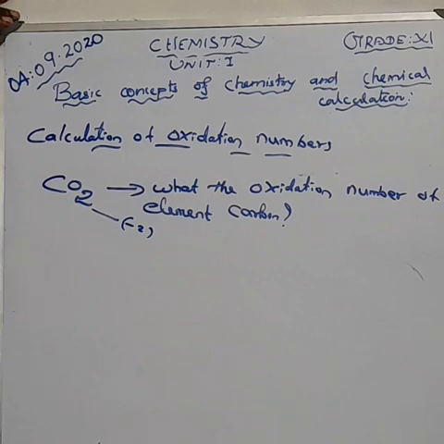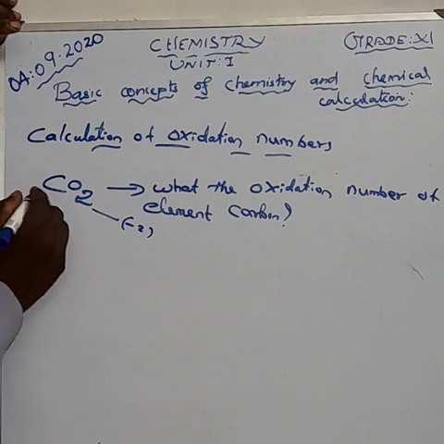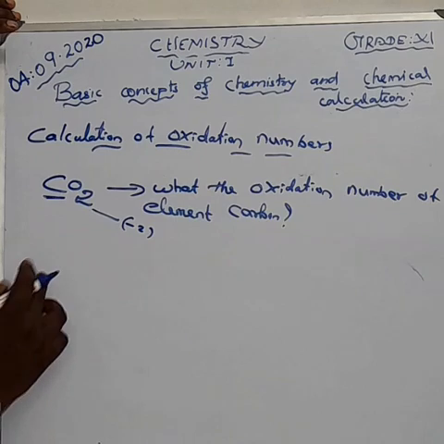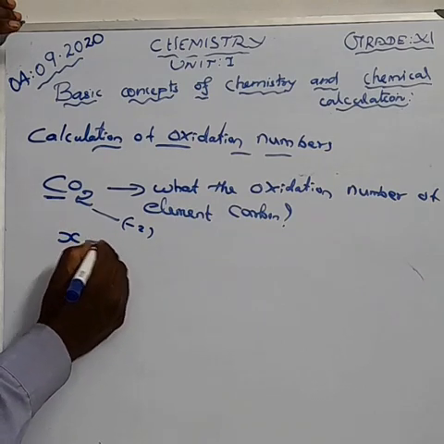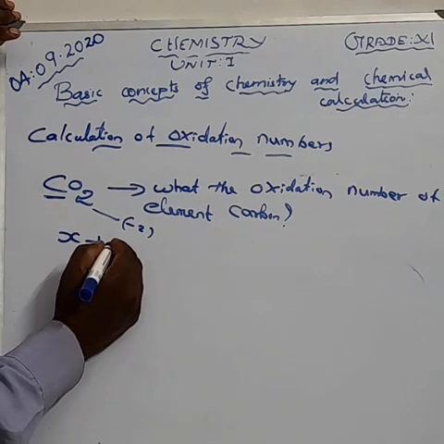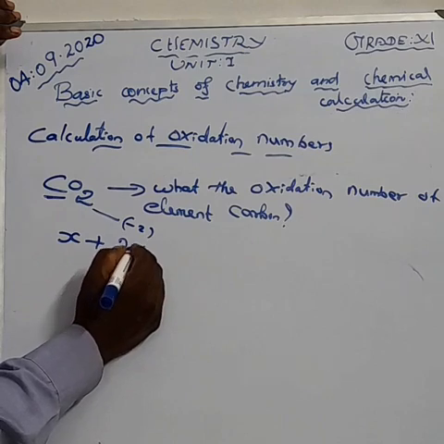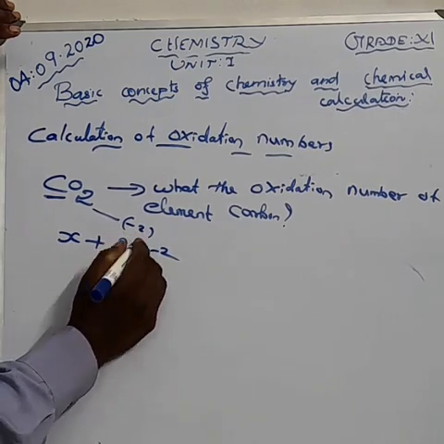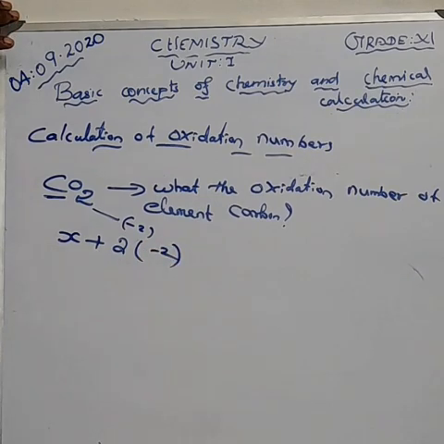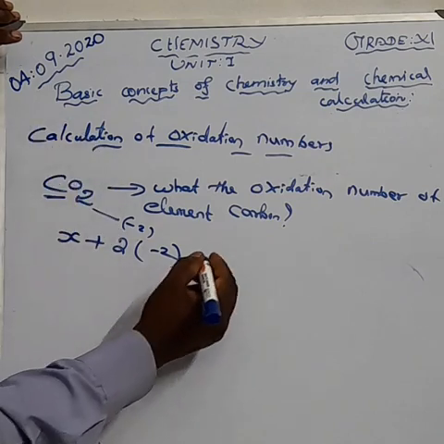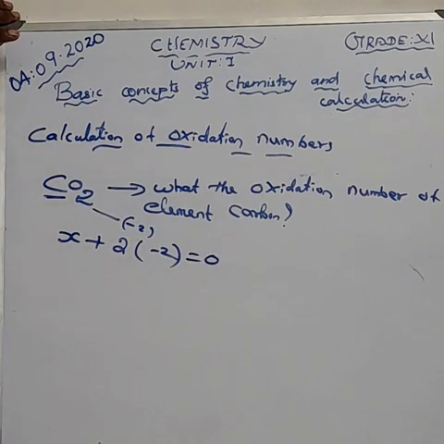Then how can you calculate? Here, you want to calculate carbon, so it should be taken as X. X plus, how much oxygen is there? 2 oxygen, so 2 into -2. In this compound there is no charge, so it is taken as 0.